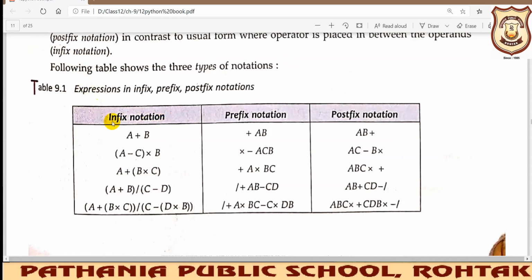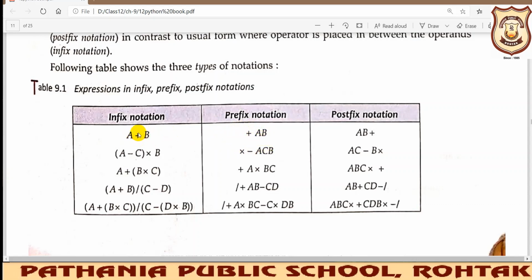Infix notation shows that there are two operands and one operator, and the operator is lying in between, as the name itself is telling, infix. So the operator is lying in between the two operands. Prefix means the operator will be before the operands. So you see this infix can be written in prefix form.